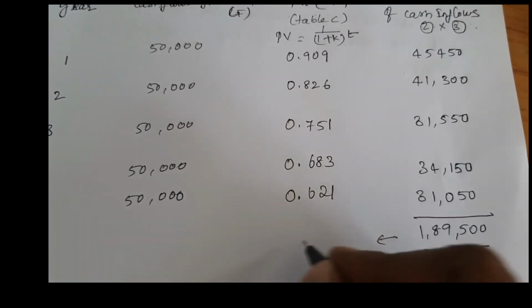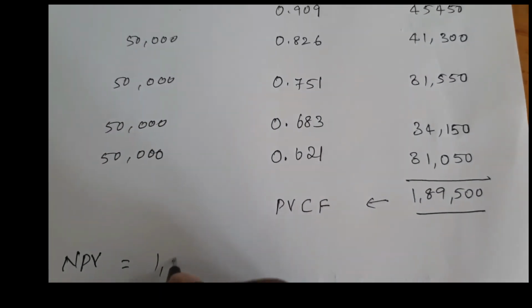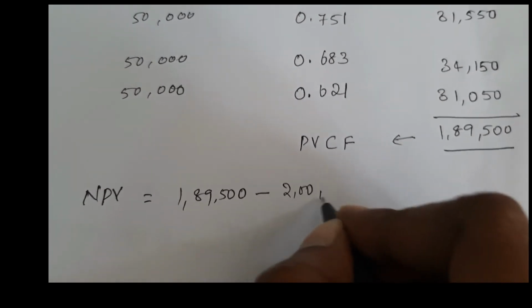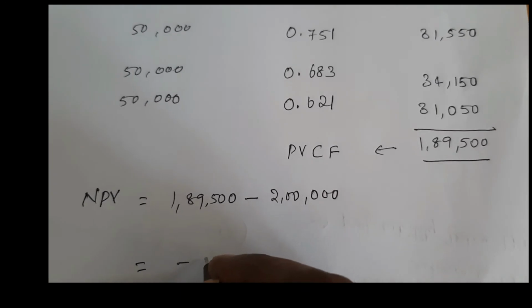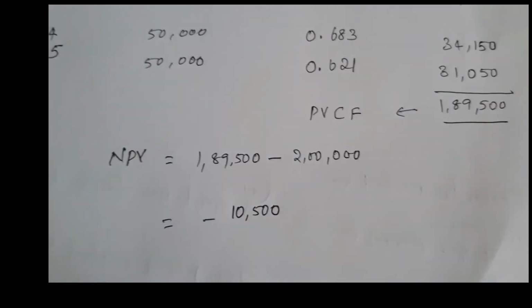Now we can calculate NPV, where NPV is the present value of cash inflows minus initial investment. So the present value of cash inflows is 1,89,500, and the initial investment we have already written as 2 lakhs, and we got a negative value of 10,500.